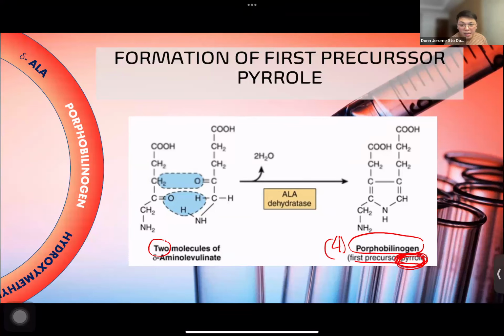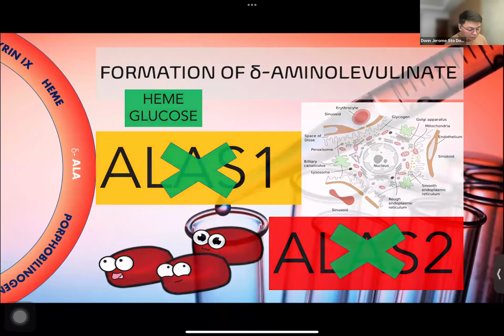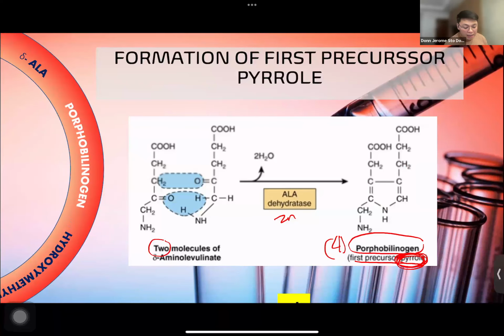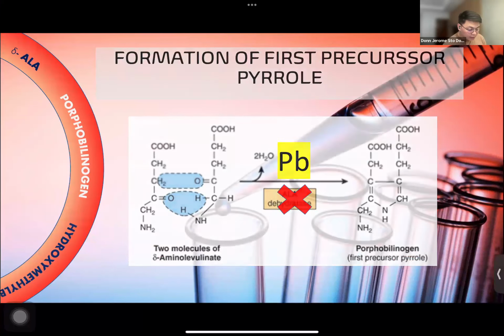This is a zinc requiring enzyme. Kailangan niya ng zinc. So the presence of heavy metals like lead can actually chelate the zinc and render the enzyme inactive. Okay?